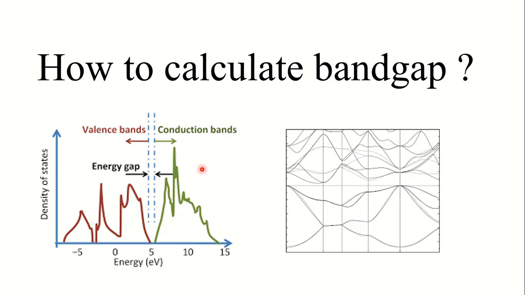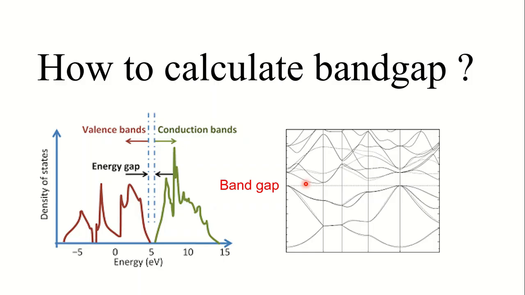Or we can find the band structure of a material, and the difference between the energy of the highest occupied band and the lowest unoccupied band is called band gap.